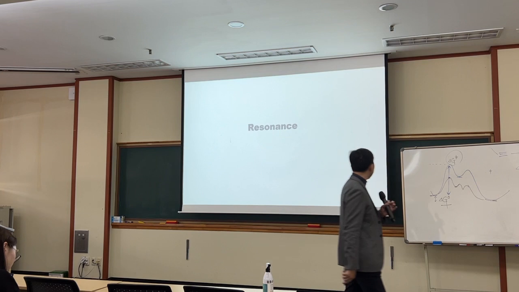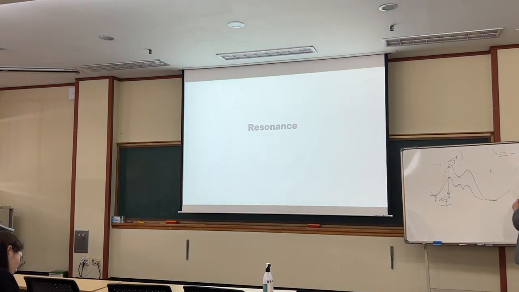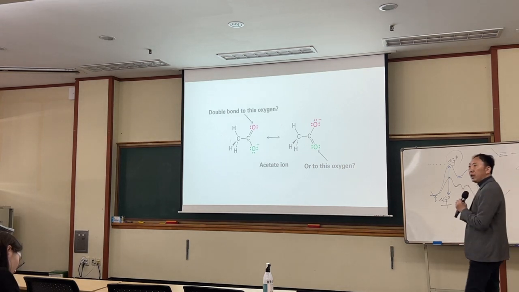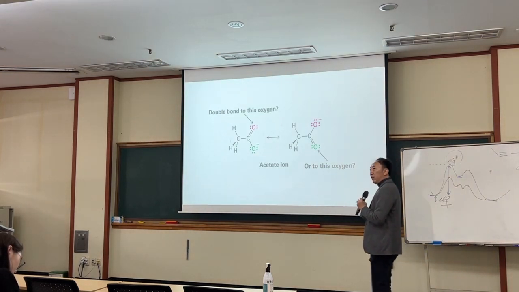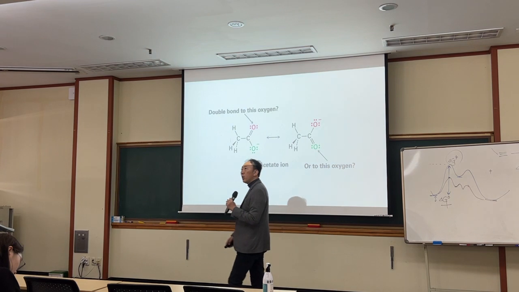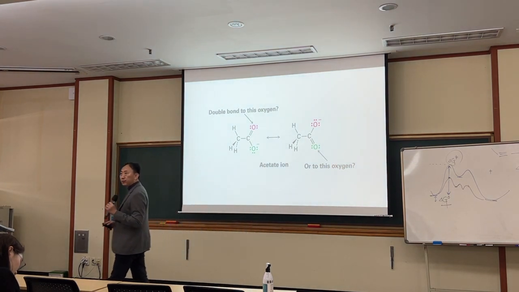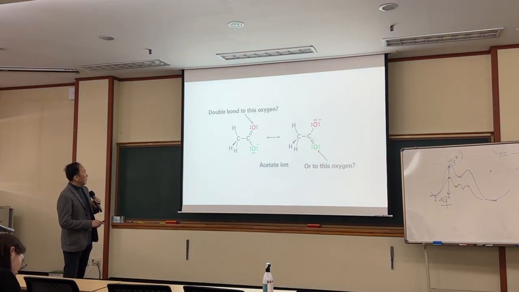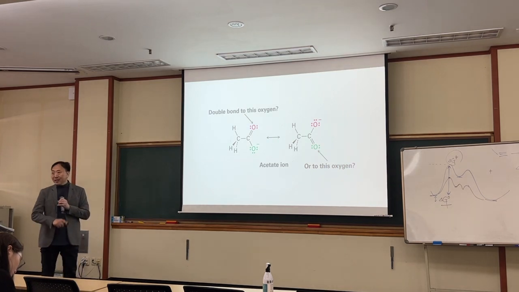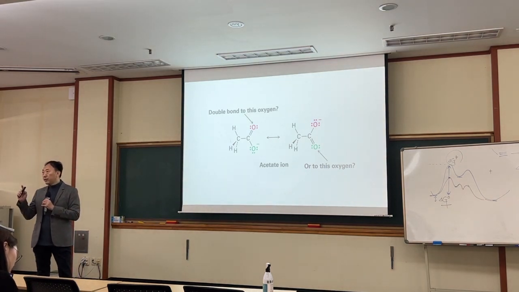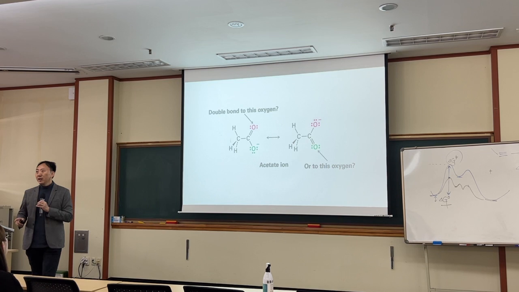Okay, resonance. In the case of resonance, only electrons move. No atom moves, and even a small movement of an atom is not included here. Only electrons move, and this electron movement is not real.